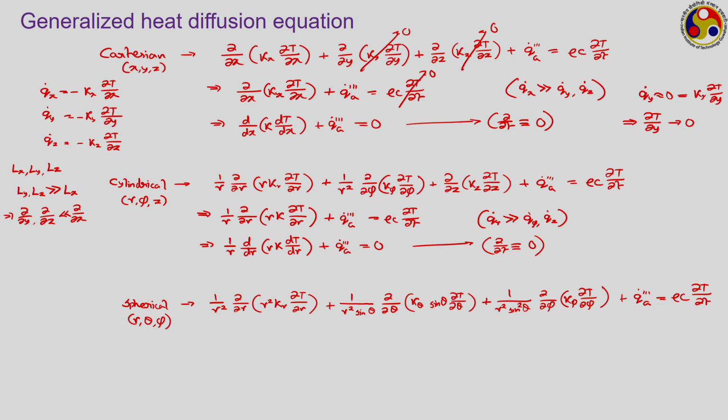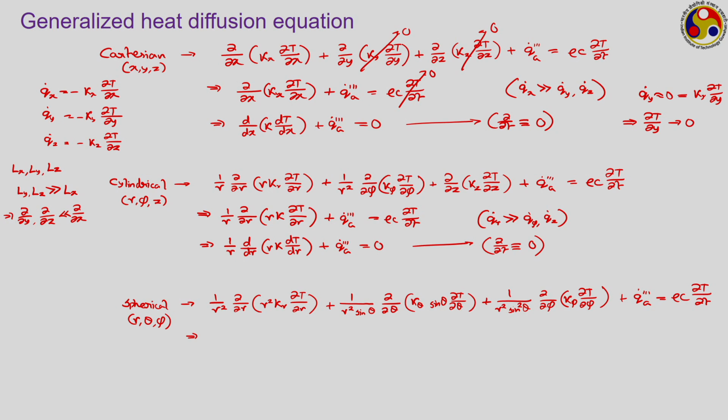Similarly, in the spherical coordinate system, again if we neglect the variation in the phi and theta direction, just consider a ball, a solid sphere maybe. In that case, quite often the variation in the phi and theta direction may be neglected, and the major variation that you get is only in the radial direction.